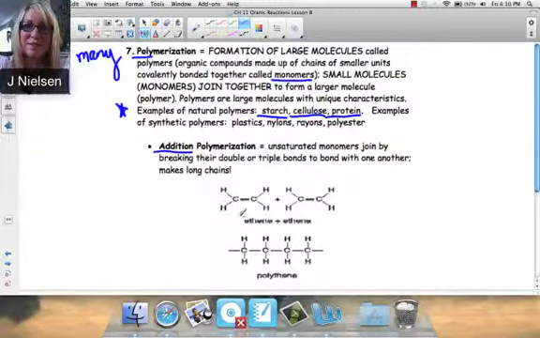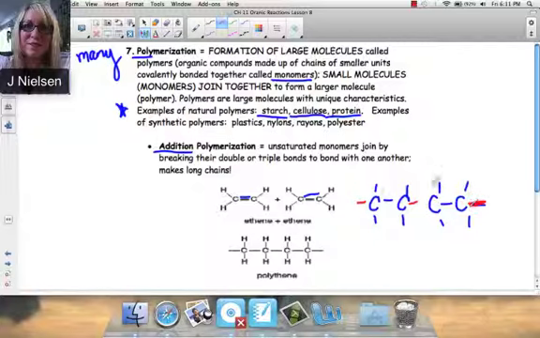I now have two bond sites here and here. And if I take the second one, what's going to happen is a bunch of these monomer chains will link together and get the polymer that you see on the bottom.